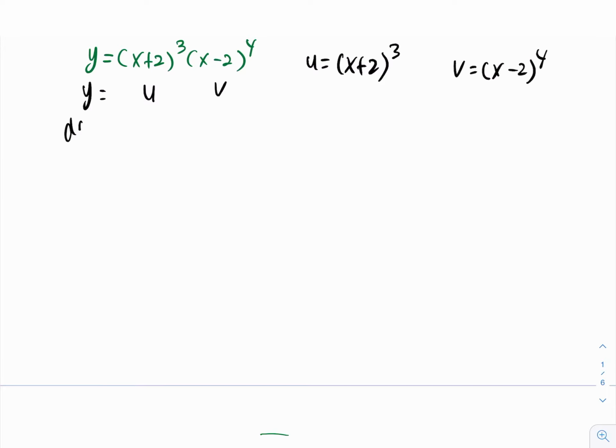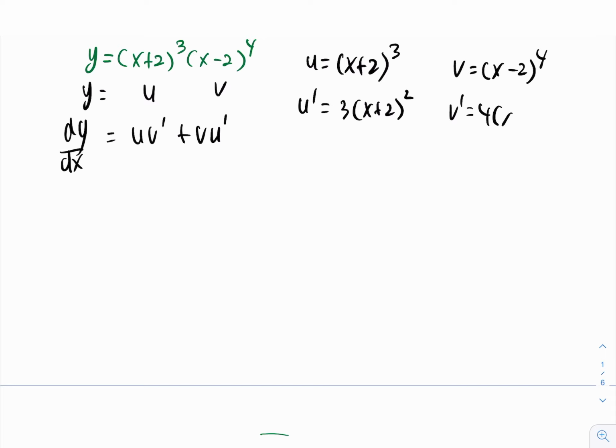To use the formula for dy/dx, we know u v prime plus v u prime, so we have to find u prime. u prime is 3(x plus 2) squared multiplied by 1, and v prime is 4(x minus 2) cubed. Then we just substitute into our formula.